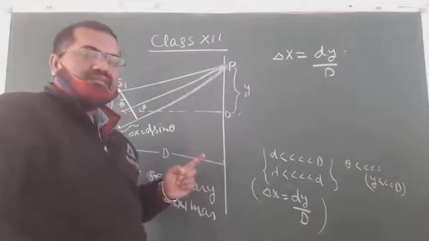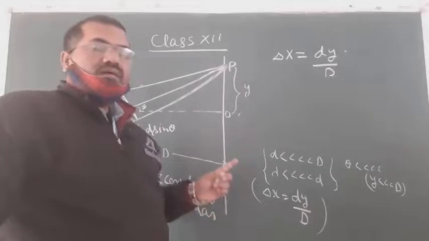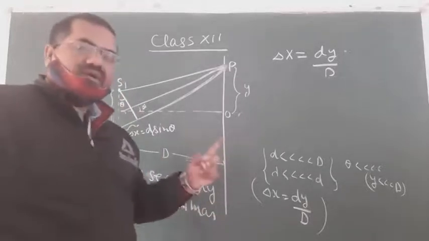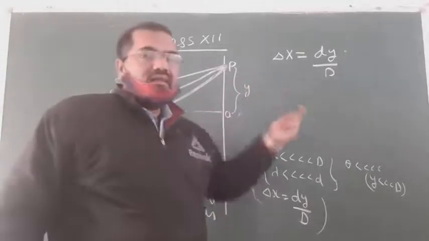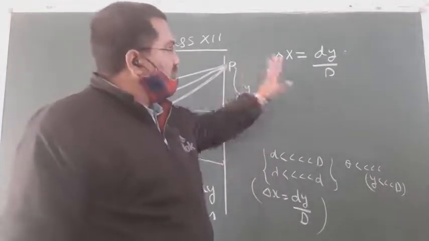One is small d much lesser than capital D, and another is lambda is much lesser than small d. And 95% of our questions are asked using this formula.